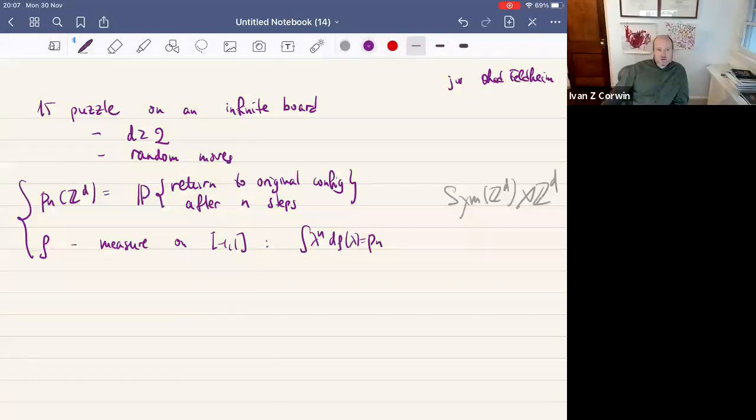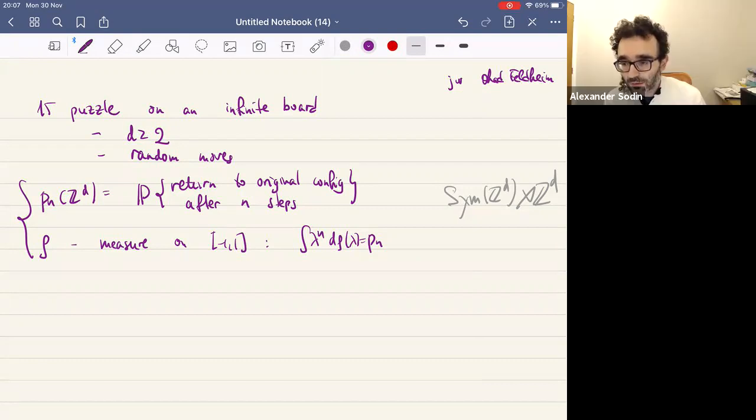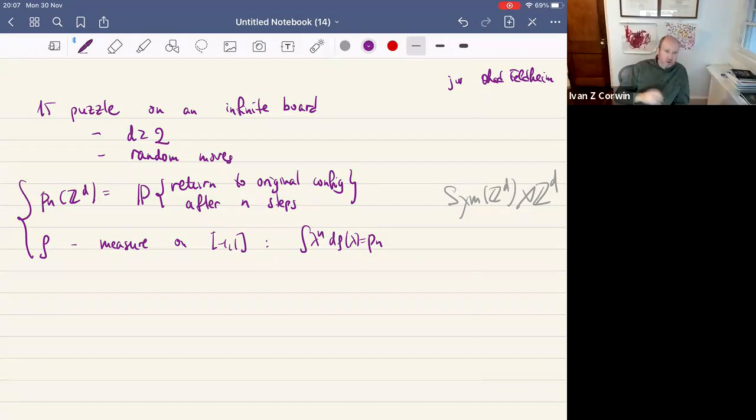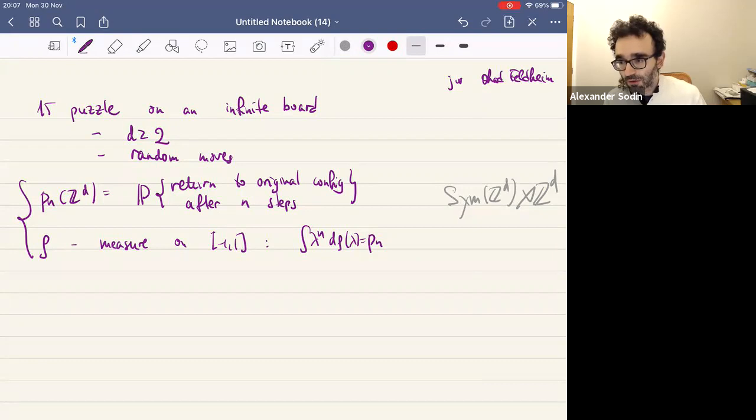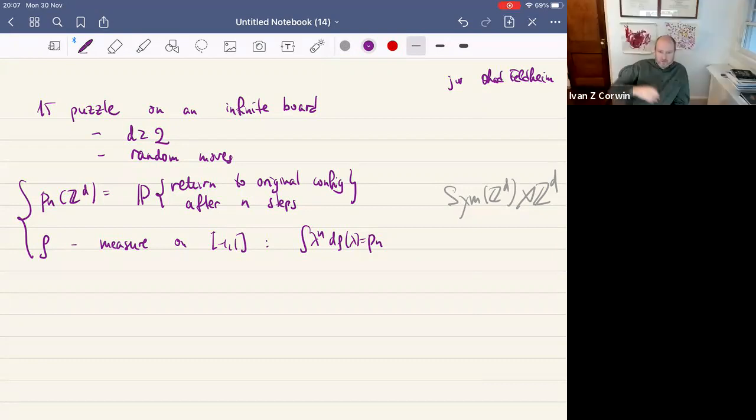So now, Sasha, just to clarify, we have Z^d and you're just doing interchanges on all, so you start with some labeling of every vertex. You just randomly are interchanging according to some exponential rate, or discrete time. But if it's an infinite board, how do you decide where you're going to?